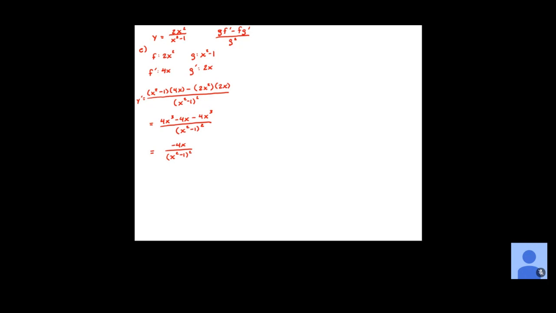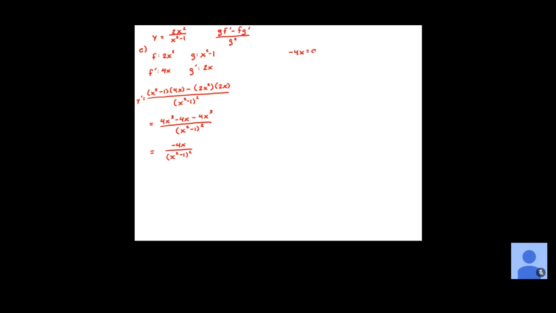Now that we have the first derivative, what are we going to do next? Okay, good. We need to set it equal to 0. So we got to find our critical numbers, right? That's the key here. So if we set this equal to 0, remember the numerator would have to equal 0.